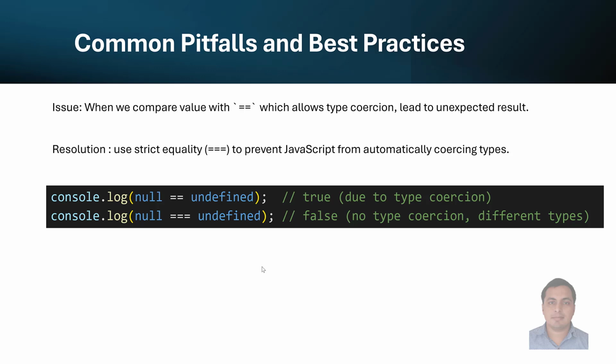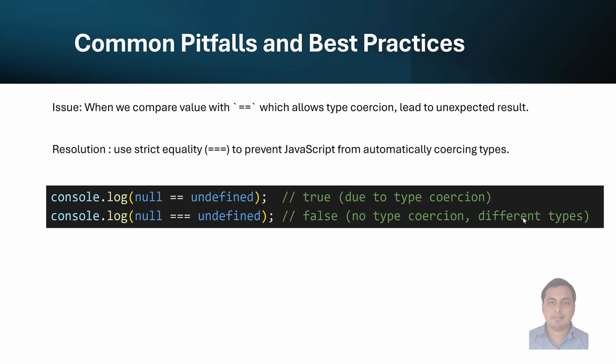But if I write console.log null triple equal to undefined, that is strict equality, in that case it will be false, because there is no type coercion, and null and undefined are different types, so they cannot be the same.